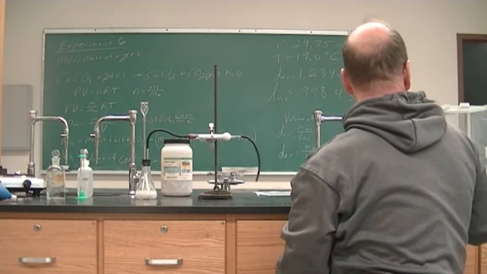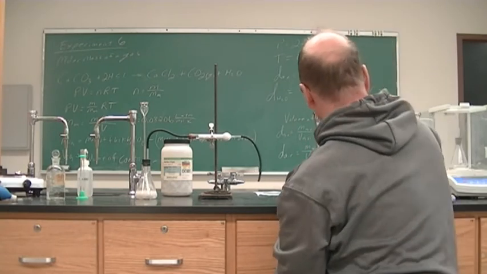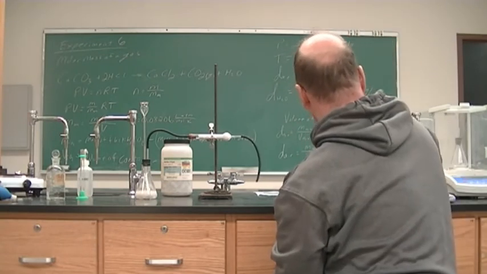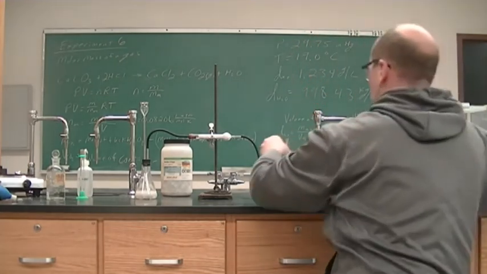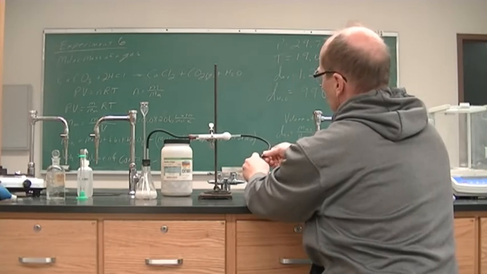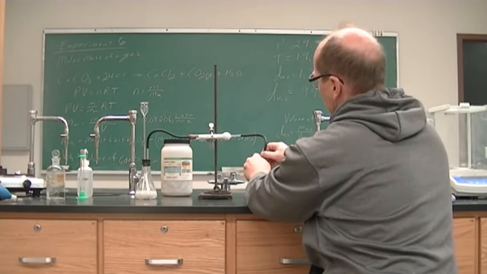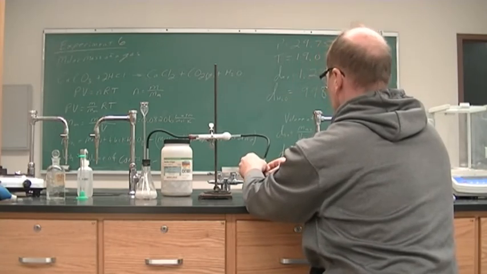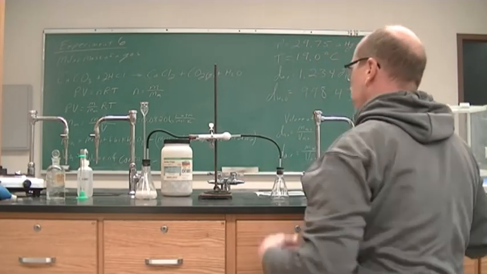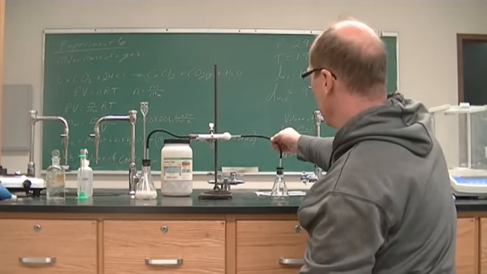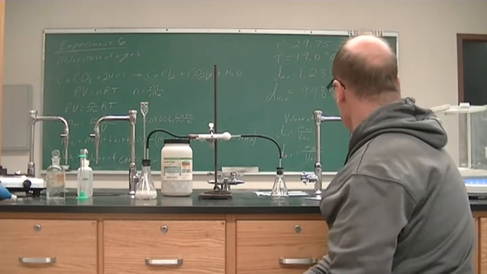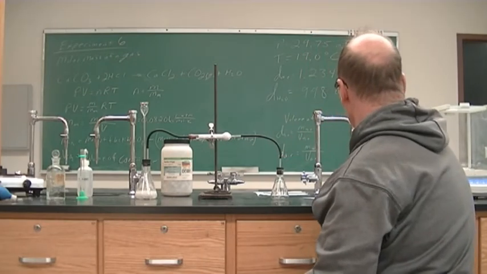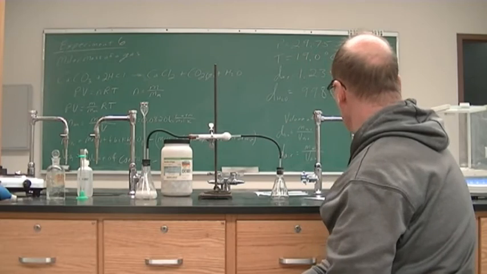All right, it is 69.2356. All right, let's weigh it one more time. All right, still going. Let that go for another minute. We'll get another mass and see where we're at.